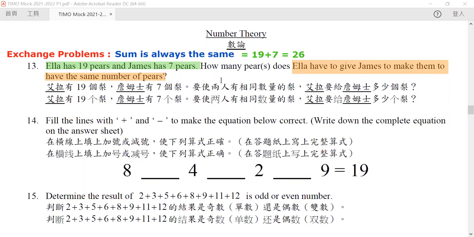Now, how many pears will Ella and James each have to have the same number of pears? They will each have 13 pears. They will just be half of the total.